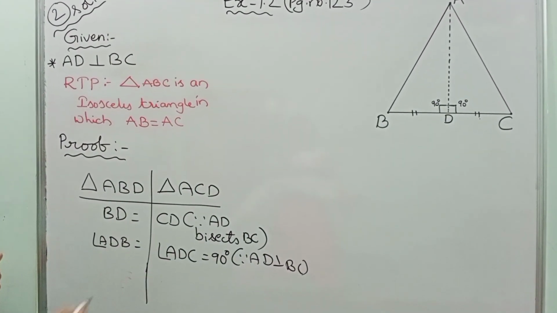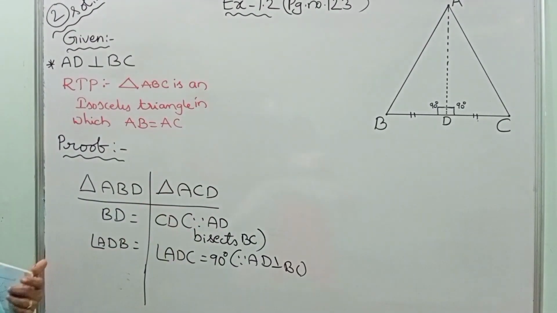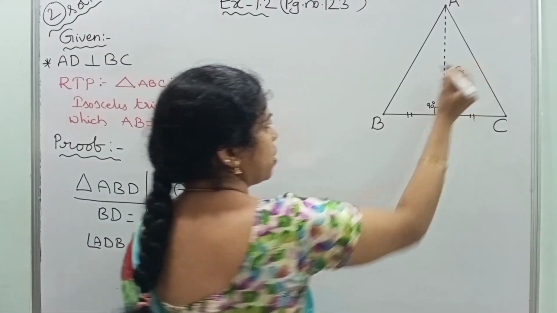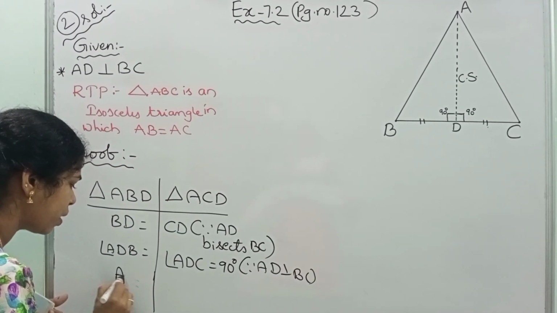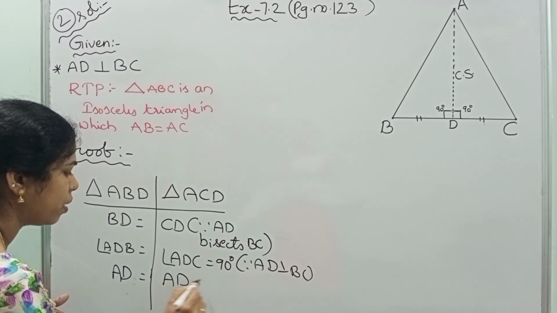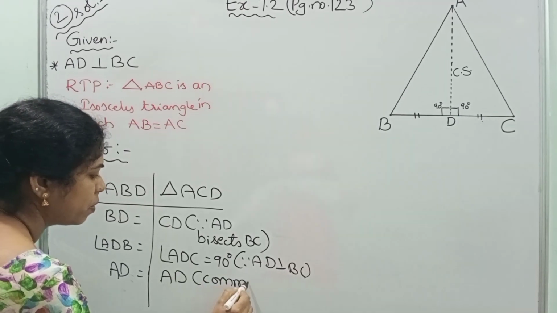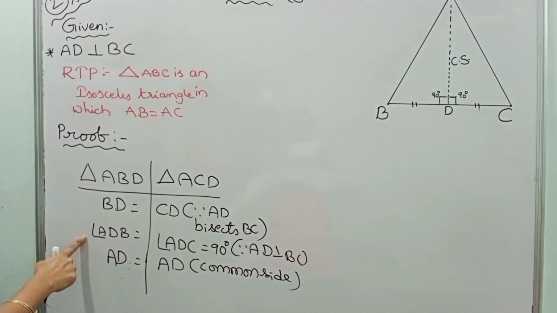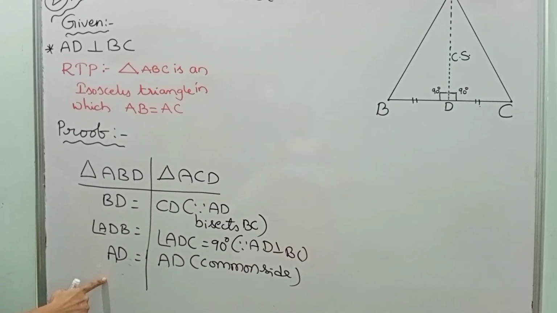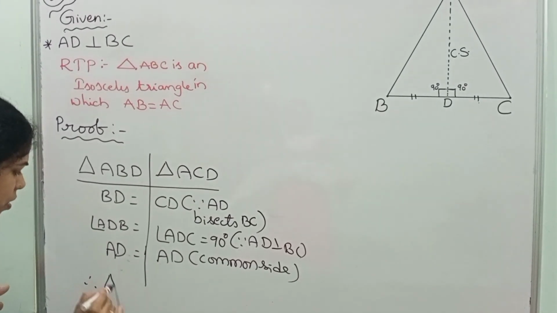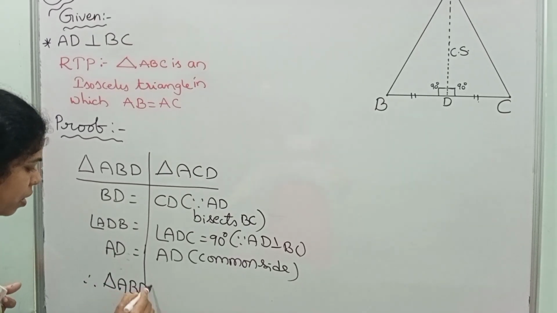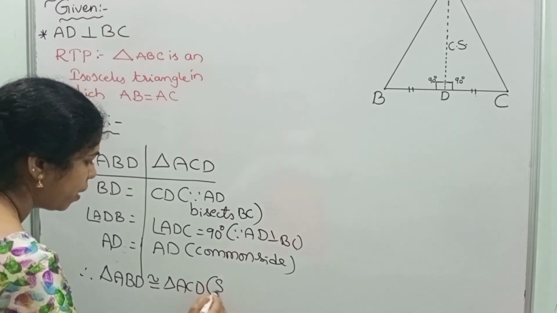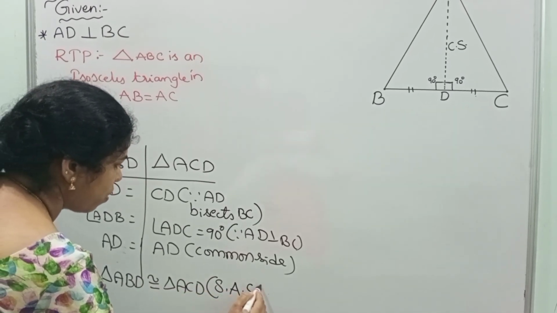The third part we need to recognize as AD is equal to AD. For both the triangles, AD is the common side. So, AD is equal to AD, common side. So, side, angle, side. Three equal parts we observe. Therefore, triangle ABD is congruent to triangle ACD by SAS congruency.